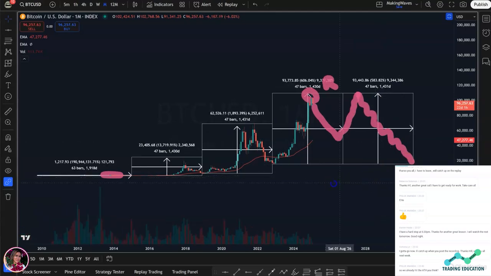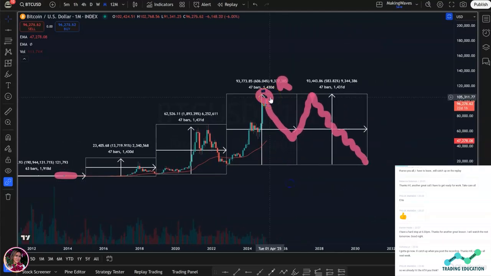Maybe we get a peak in 2026, 2027, and that's the highest it goes. So in 2028, 2029, we might not see higher prices than we see in 2026 or 2027.